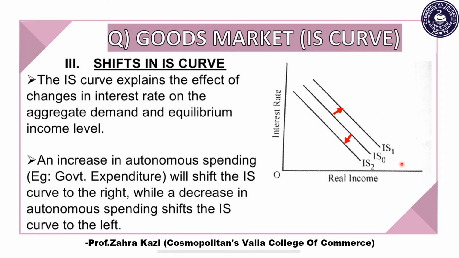On the other hand, if there is a fall or a decrease in autonomous spending, the IS curve will shift to the left, that is downwards, from IS0 to IS2. So always remember, an increase in government spending will shift the IS curve upwards to the right, while a fall in autonomous spending will shift the IS curve downwards to the left, that is to IS2 in the diagram.